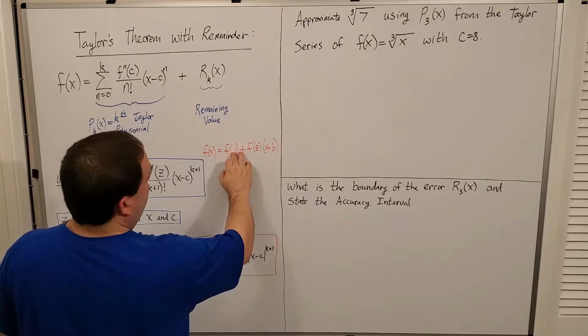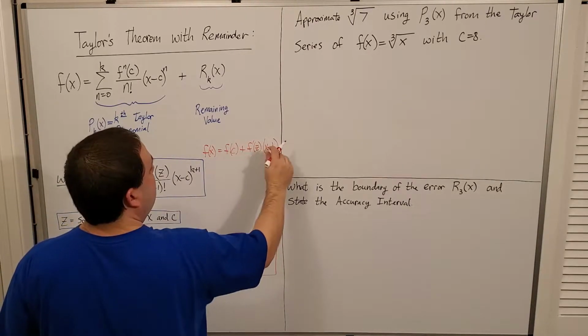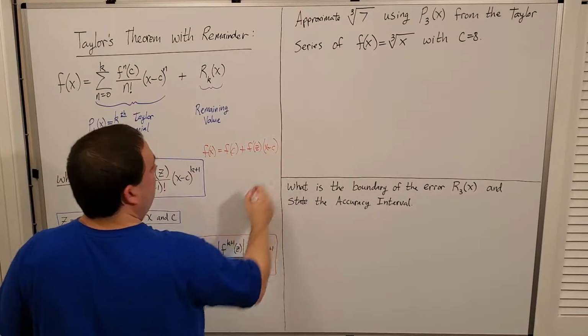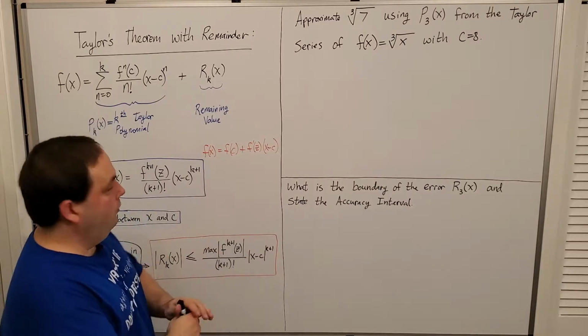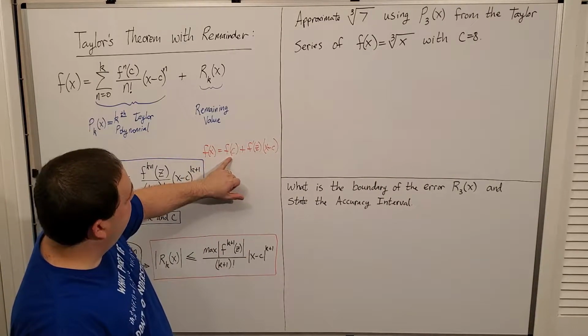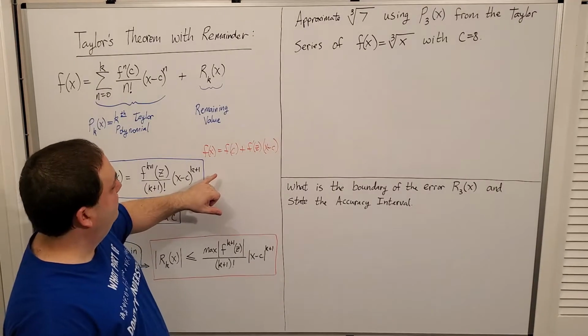Or if you want, we could put c here, so it would be kind of like what you're talking about. This was the mean value theorem. It was written in another way originally, where you had f of x minus f of c over x minus c. It was just an average rate of change.